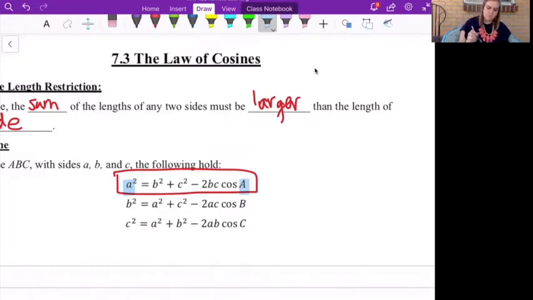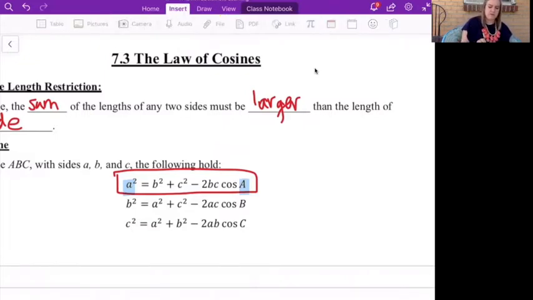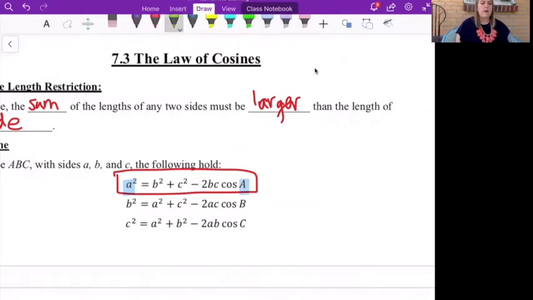Now, while we're talking about these equations, we can take one of them, so I'll take this top equation, because there will be times where you're actually looking for the angle using law of cosines. And so instead of every single time plugging in the information and then simplifying, we can come up with a formula that we can use.